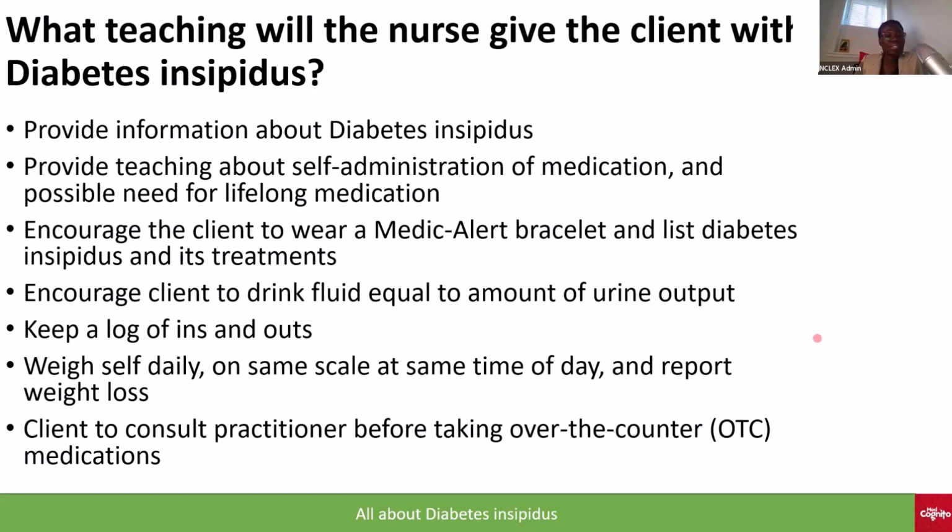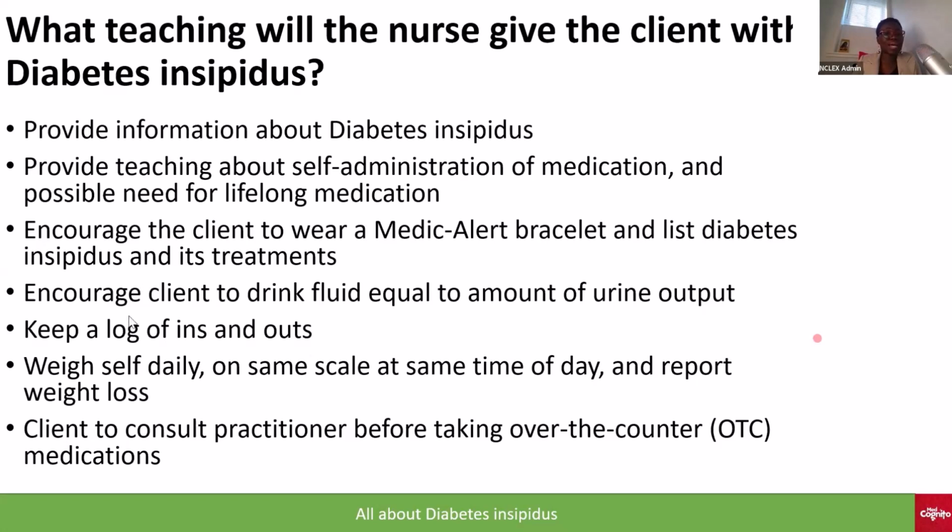We have to encourage the client to drink fluid equal to the amount of the urine output, because if they are giving out a lot of urine and they are not drinking enough, the client is going to be dehydrated. So encourage clients to drink fluids.